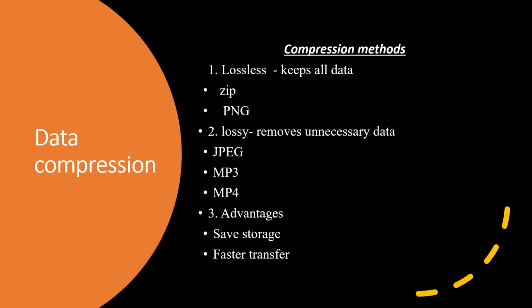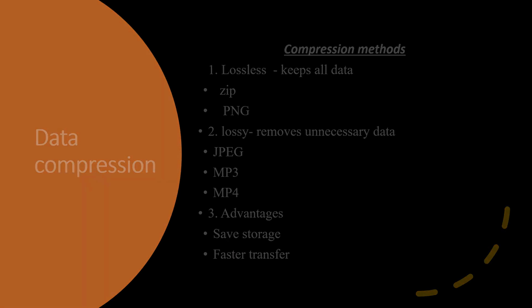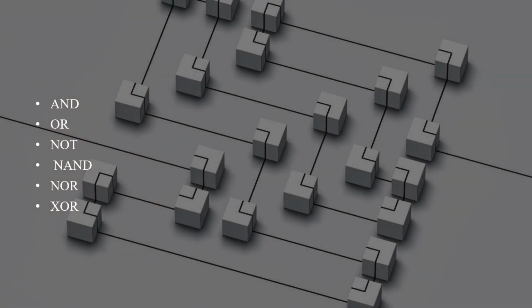Next slide. Logic gates. Logic gates are the basic building blocks of digital circuits. And some common logic gates are AND, OR, NOT, NAND, NOR, and XOR. They process binary values and help computers make decisions.